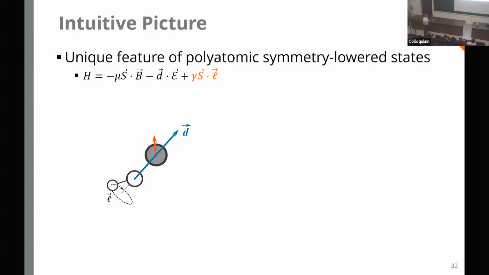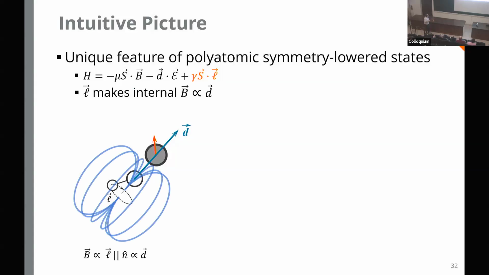But because they have more than 2 atoms, this hydrogen atom, for example, can orbit around the symmetry axis. And when that happens, that makes an internal magnetic field in the molecule, which interacts with this spin. So it gives you a coupling that looks like this electron spin interacting with this rotational motion of this hydrogen atom.